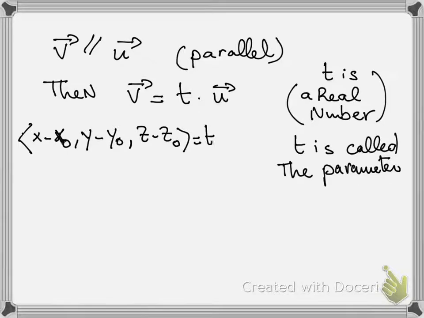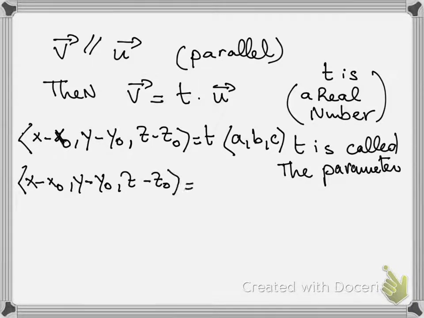That's equal to t times u, and we said u is a, b, c. So x minus x0, y minus y0, z minus z0 is equal to ta, tb, and tc.